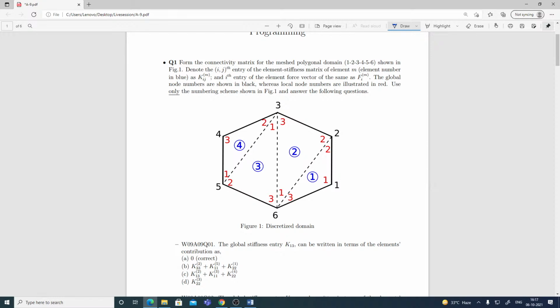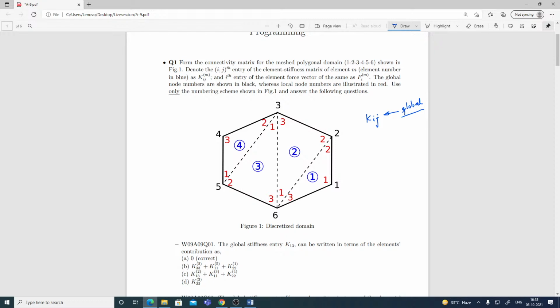When we denote Kij with no superscript, this denotes the ijth entry of the global stiffness matrix.